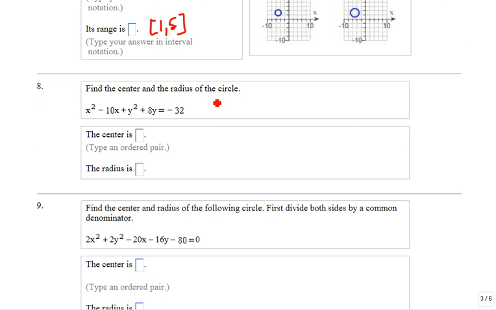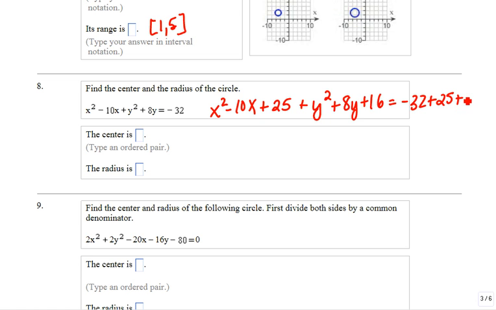Find the center and radius of the circle. So this is where we have to complete the square. We would have x² − 10x. To take half of 10 as 5 squared, we get 25 we have to add. And to complete it on y² + 8y, we take half of 8, which is 4 squared is 16. And then don't forget to add both of those numbers on the other side.